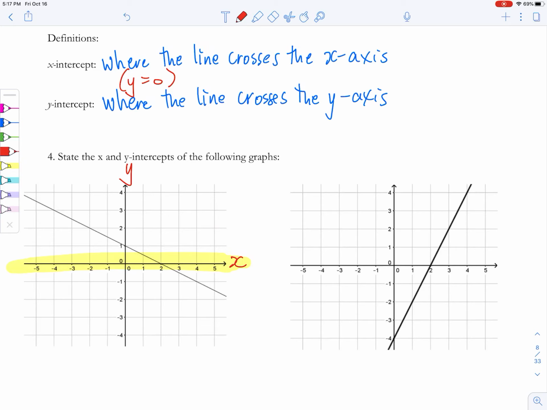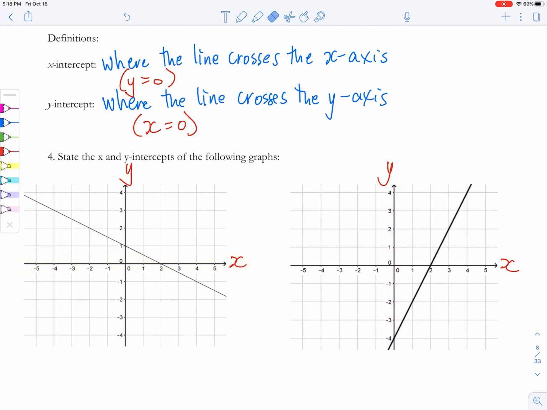And similarly, I'm going to highlight in pink over here the y-axis. So if we've got the y-axis here, any point on this axis here, or here, or here, or here, it's not moving side to side at all. So those ones for the y-intercept have an x-coordinate of 0.